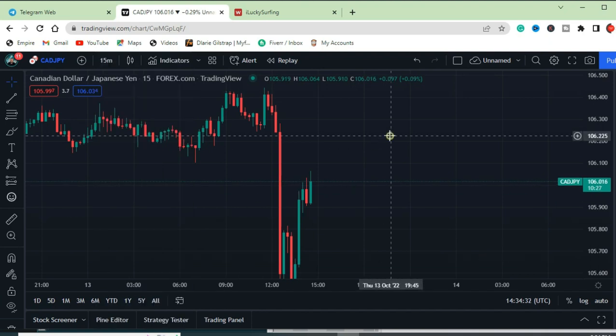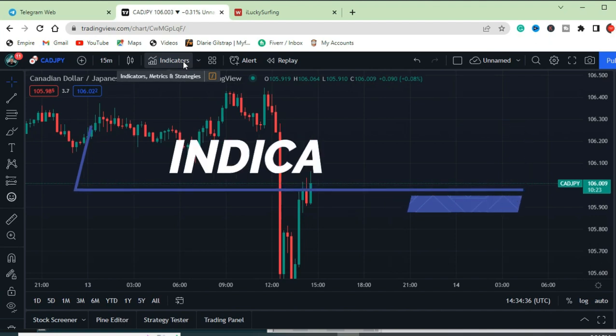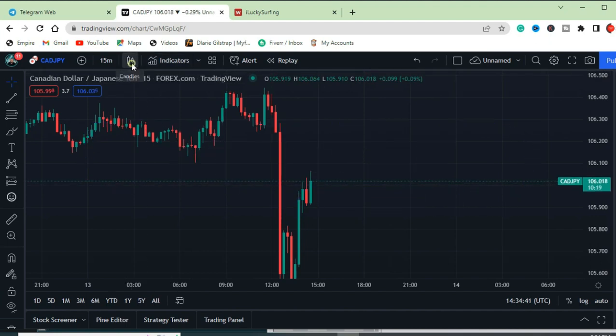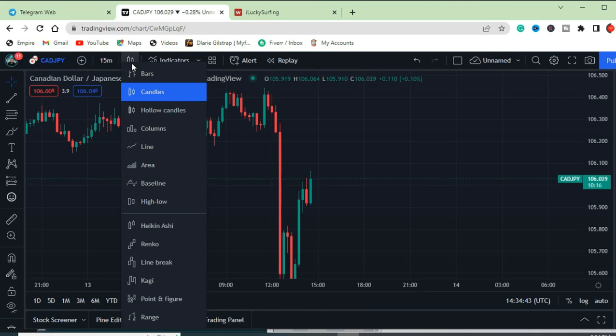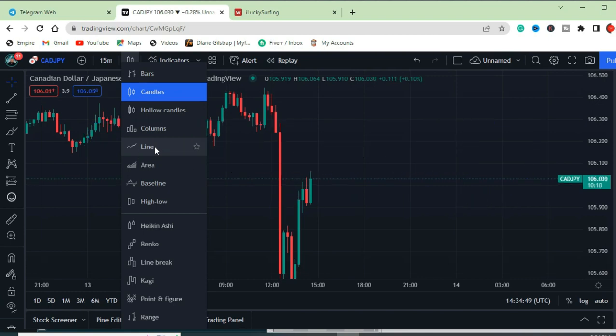We also talked about the indicator, how to put up your indicator and what it means to use an indicator, and at the same time we talked about the different candles that we have. We have candles, we have bars, we have lines, and of course we have Heikin Ashi. And I mentioned in that video that the most common ones in use are candles and Heikin Ashi. All right, so that's pretty much all we talked about in the first video.